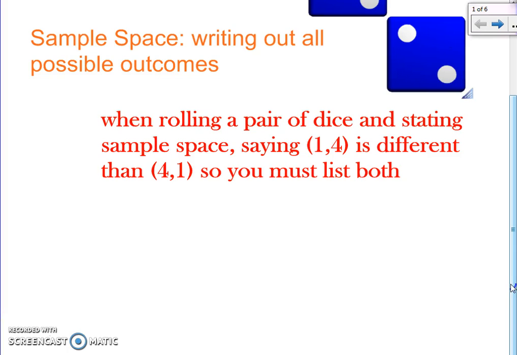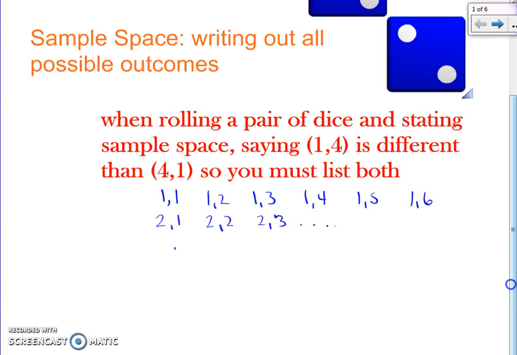Okay, so it would be good to do some sort of organized fashion. So we could say getting a 1 and a 1, 1 and a 2, 1 and a 3, 1 and 4, 1 and 5, 1 and 6. What would the next row be? 2, 1, 2, 2, 2, 3.